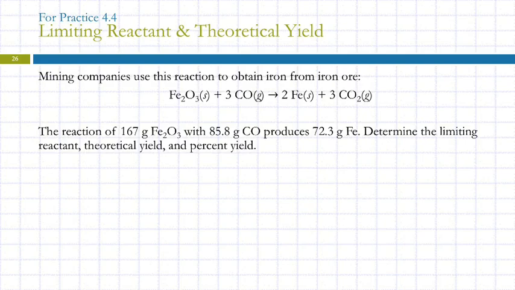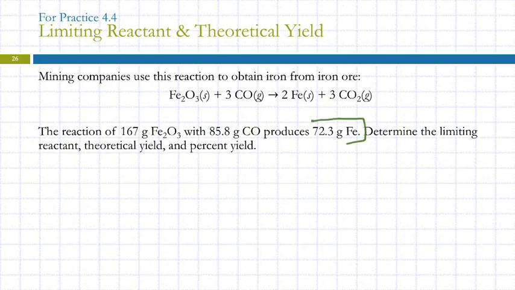So what this is saying here is they took this amount of Fe2O3 and they reacted it with this, and it actually produces this much iron. So they did the reaction. They're telling us this is how much iron we got. That's the actual yield.